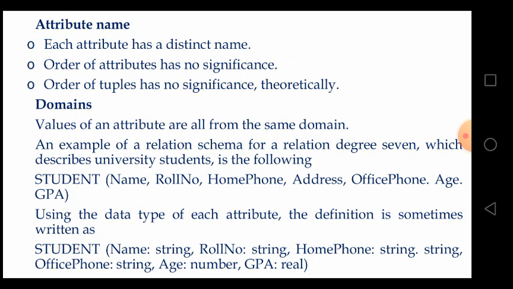Using the data type of each attribute, the definition is sometimes written as student: name string, roll number is string, home phone is string, address is string, office phone is string, age is number, GPA is real. String, number, real are the data types.